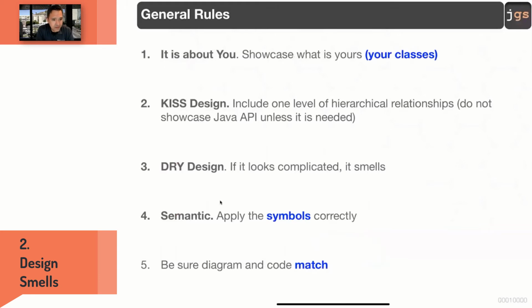Rules for your diagrams, for your projects. Guys, it is very common that we want to show a diagram that is complex. We want to show a diagram that is full of connections and full of elements, just because we think that showing something with a lot of elements and a lot of connections, with multiple lines crossing, shows that we are very good engineers because we are able to do something very, very complex.